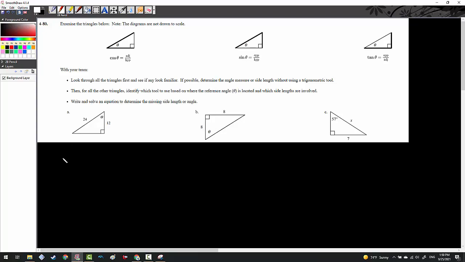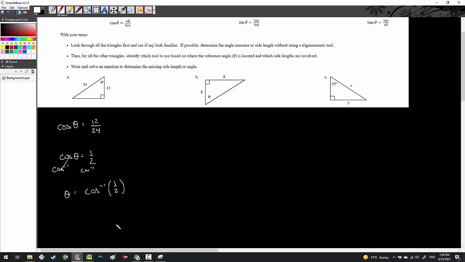Since it's adjacent over hypotenuse, that's automatically cosine, right? Cosine of that angle, whatever that angle is going to be, is 12 over 24. Well, I can reduce that and say cosine theta is equal to 1/2. And I could do cos inverse on either side if I'm really going to stick to the calculator on this one.